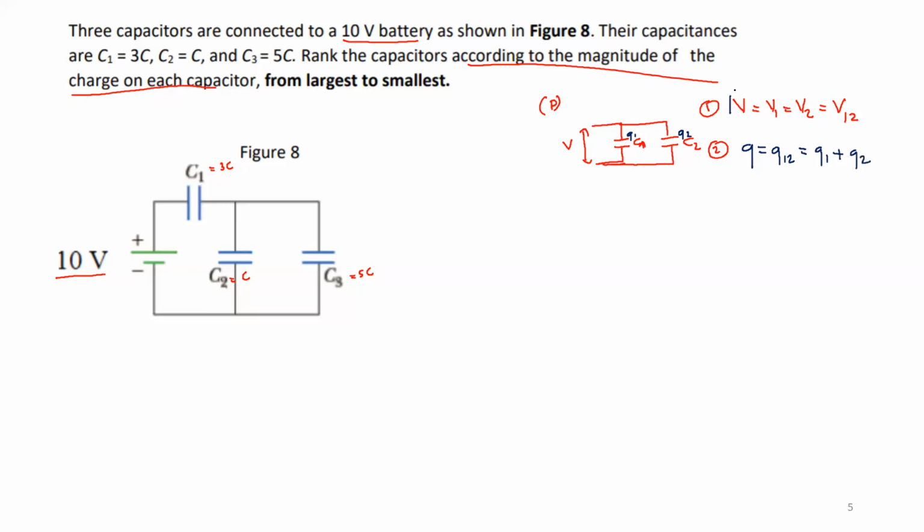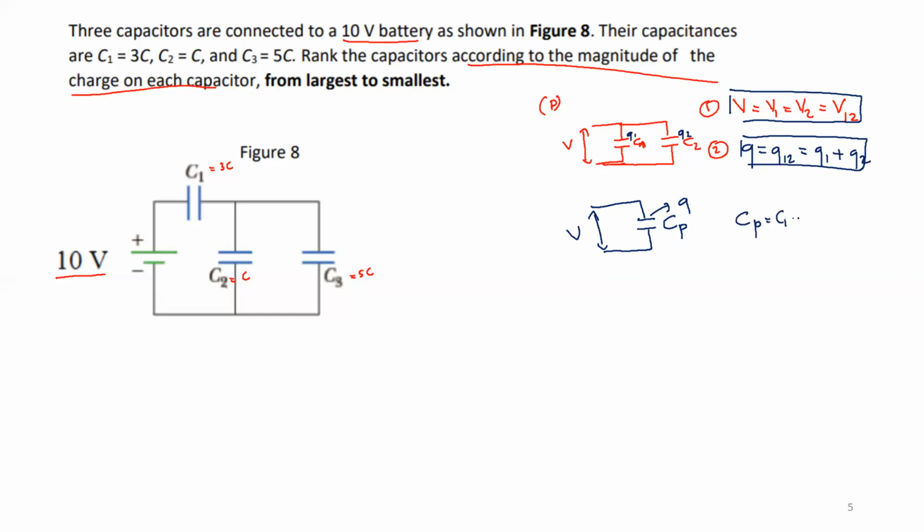You remember using these two equations? I could replace this parallel combination by one capacitor that has a capacitance Cp, that has the same voltage V, and that has a charge Q. And therefore, this Cp we demonstrated is just C1 plus C2.